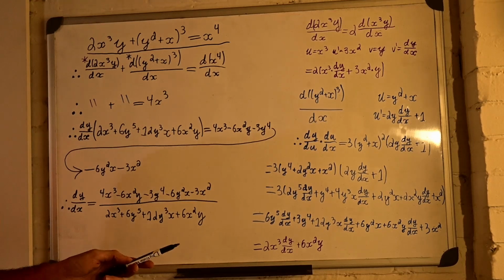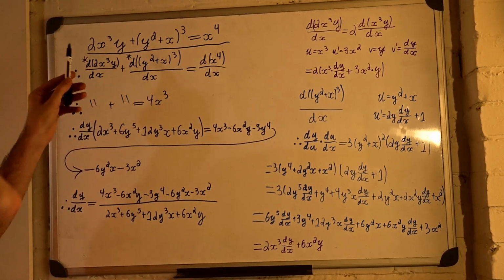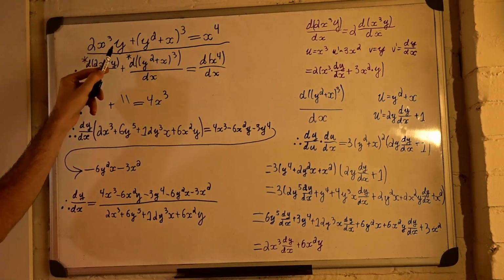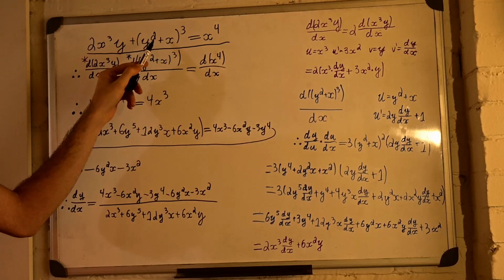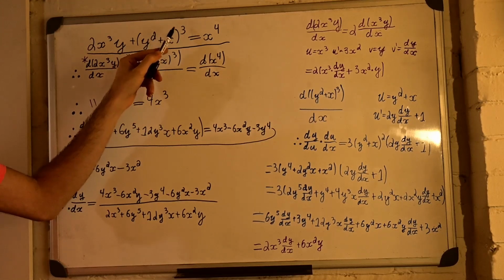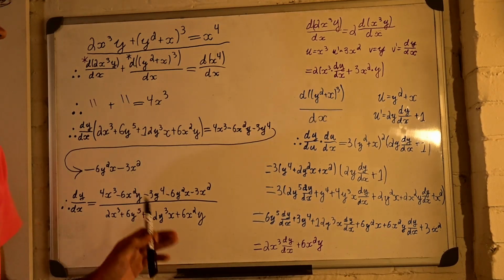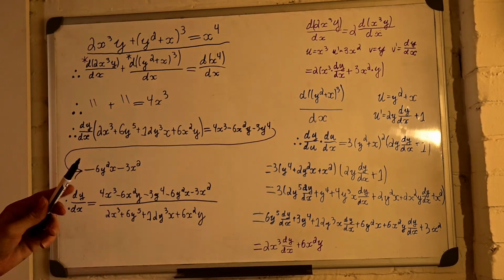So the original equation that we're given, the implicit equation, is 2x cubed times y plus y squared plus x cubed is equal to x to the fourth power. So we're supposed to find the derivative of this implicit function. So what are we going to do?